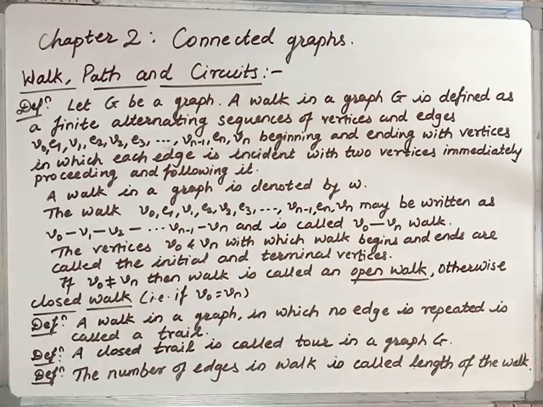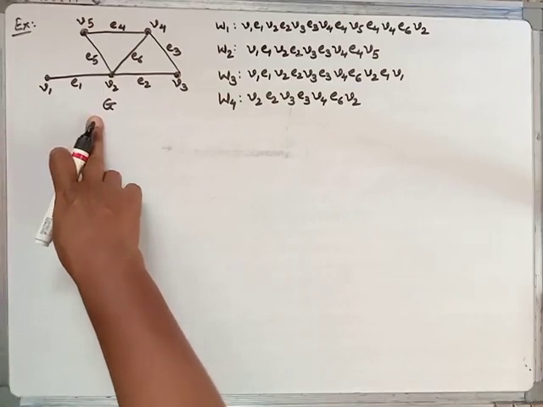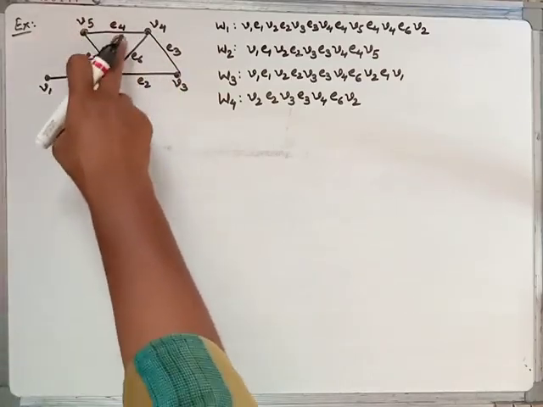Now let's see one example and check whether some walks are trail, tour, or open walk, closed walk. This graph G is given here, consisting of 5 vertices and 6 edges.